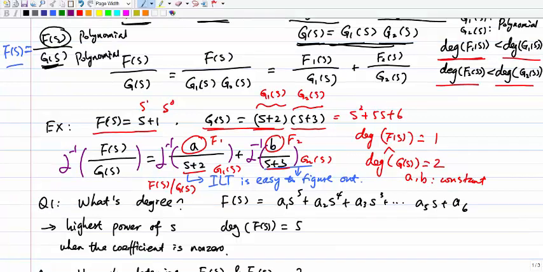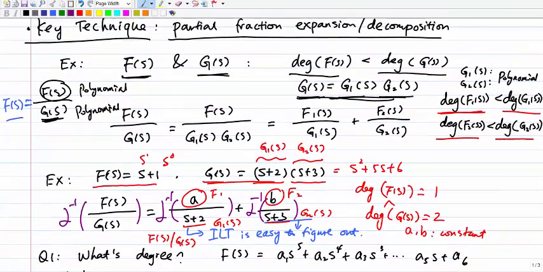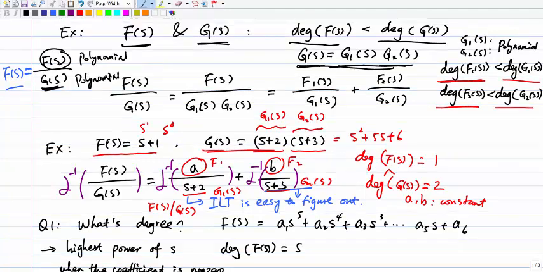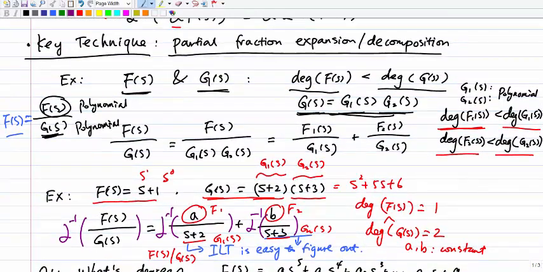That's the basic idea of how to do it. This is what the partial fraction expansion or decomposition means. The basic idea is to reduce a higher order polynomial into lower order polynomials, so it's easy to figure out the inverse Laplace transform.